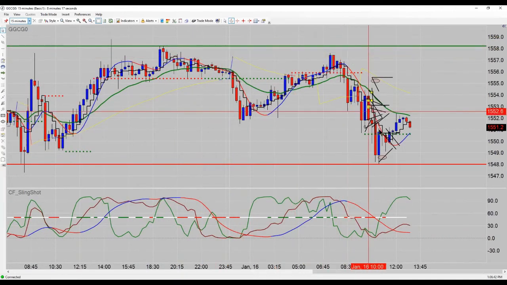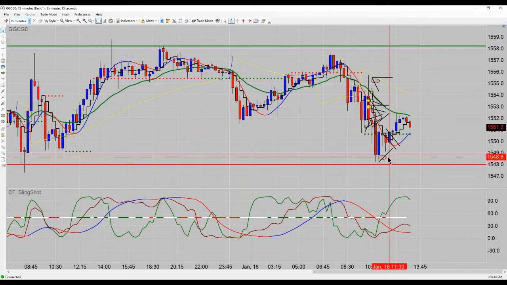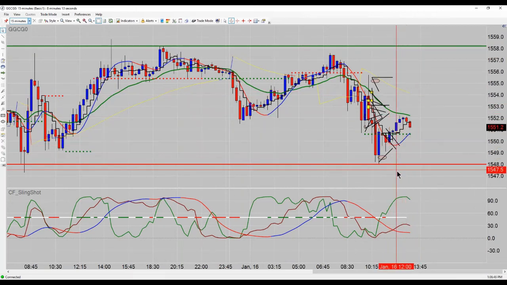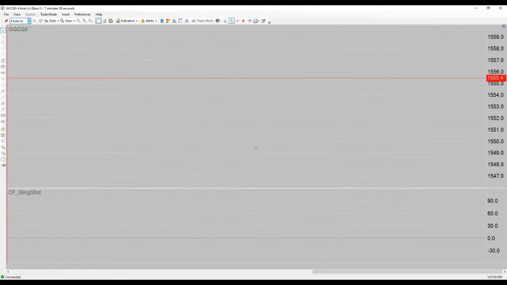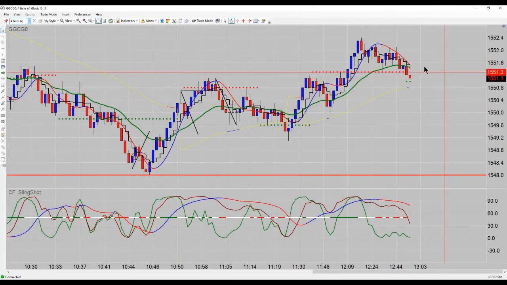Overall on the day right now, gold's in a downtrend, but the low of the day is 1548. So it's not a huge range like we've seen in the past couple of weeks, but it is in a downtrend right now on a larger time frame. When you jump into the shorter time frames like I do, then there's a lot of opportunity in a 15-minute bar on a 4-tick range bar.